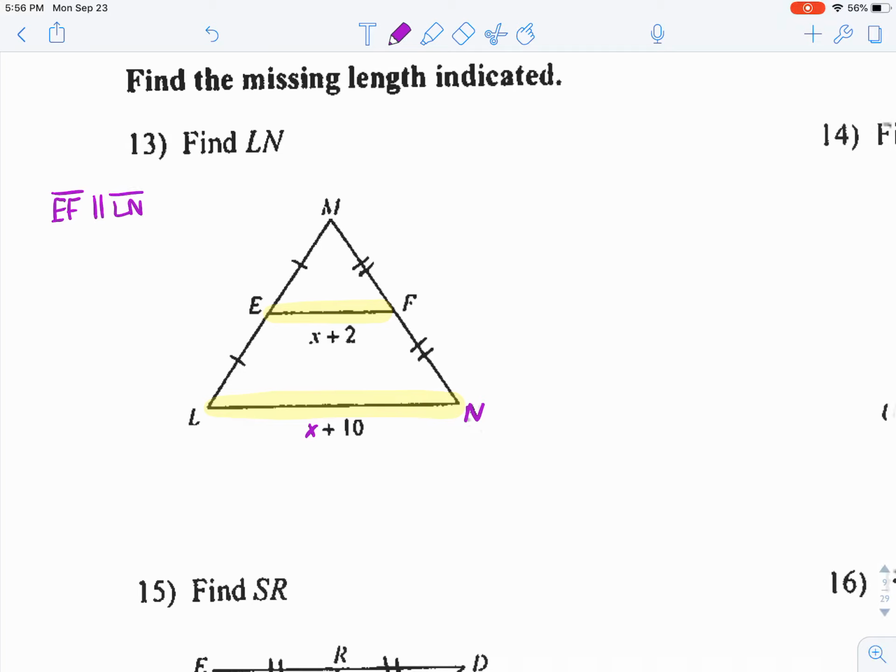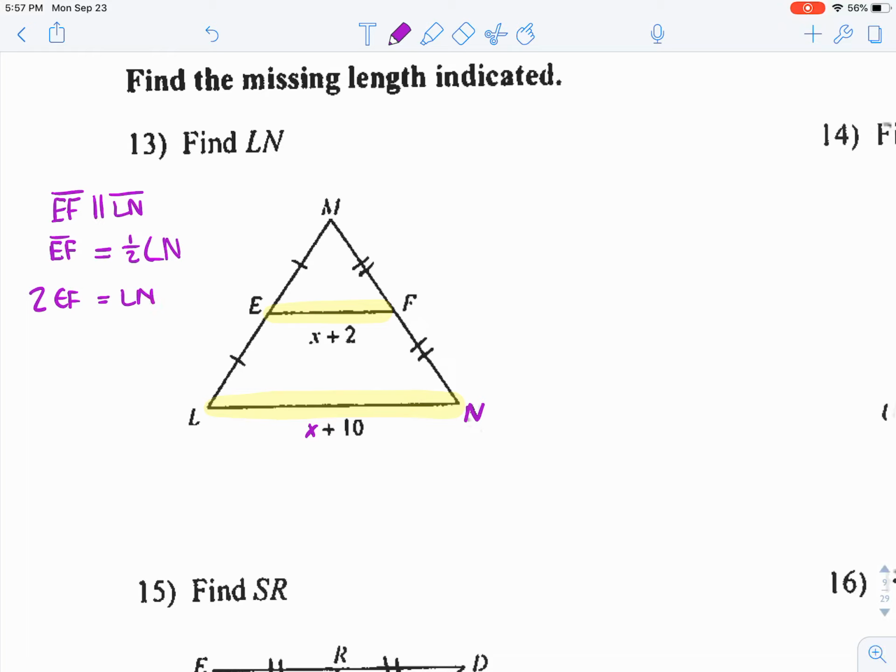Not only is it parallel to the third side, EF is half as long. And if it's half as long, we know that the inverse operation is to double. Inverse operation. So 2 times EF equals LN.